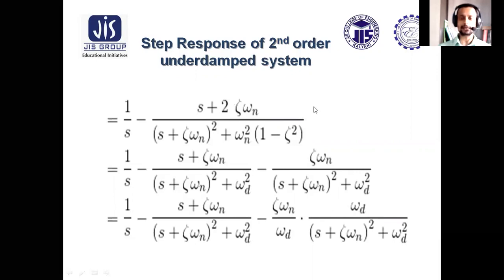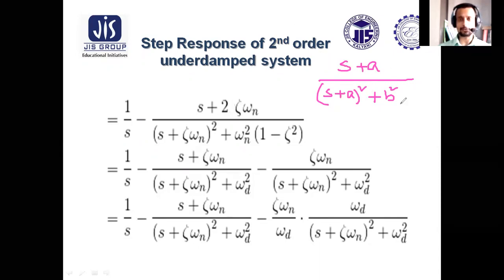Why are all these taken extra? See, it is well known to you that the inverse Laplace of this term is possible. Similarly, s plus a divided by (s plus a) whole square plus b square.